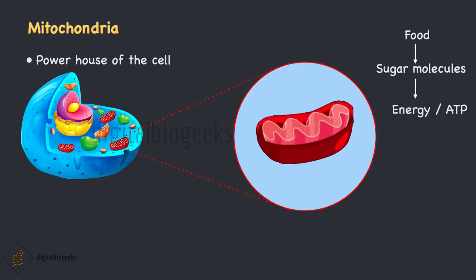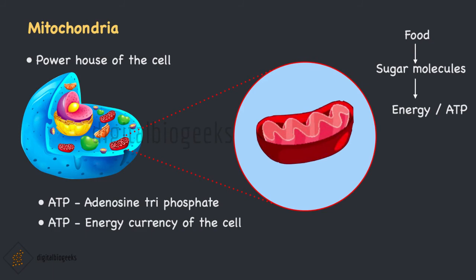The energy released is in the form of adenosine triphosphate, ATP. ATP is known as the energy currency of the cell. Mitochondria extract energy from sugar molecules in the form of ATP. That is why ATP is called the energy currency of the cell.